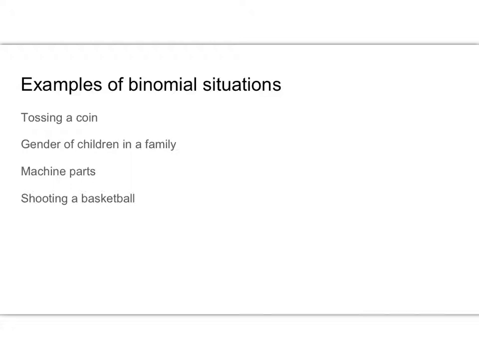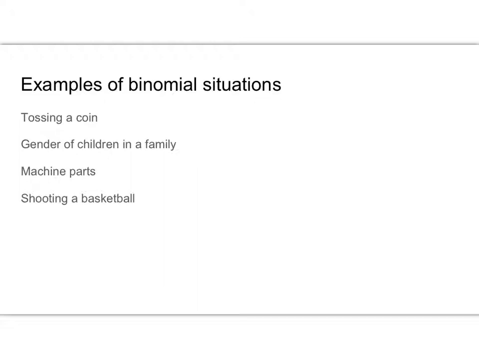Here are some examples of binomial situations. Tossing a coin is a binomial distribution. It can be made into a binomial distribution, and the reason is because there are two possible outcomes. You will either get a head or a tail if you toss a coin. Gender of children in a family is a binomial distribution.